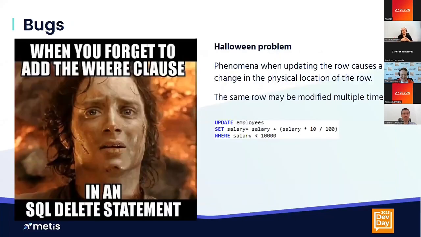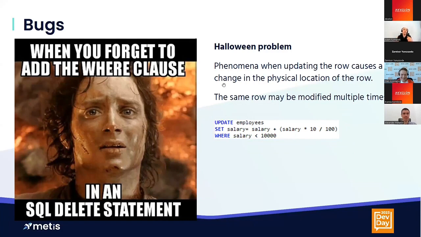And finally, the other issue we may have is bugs. Obviously, some bugs we may capture pretty easily with unit tests and integration tests, but there are also bugs that manifest themselves only because of the database engine we use. One of them is, for instance, the Halloween problem. It takes its name because it was identified on Halloween. Say you run a query that updates employees and increases the salary by 10% for all the employees that earn less than 10,000, right?